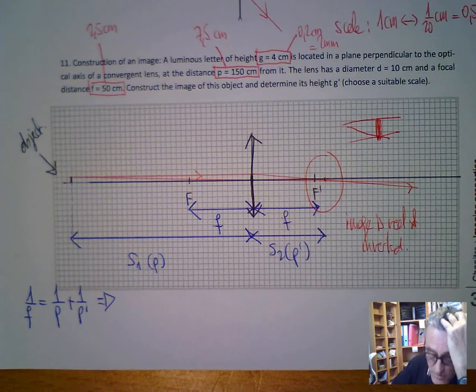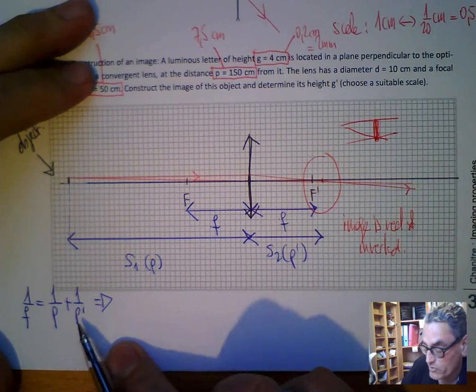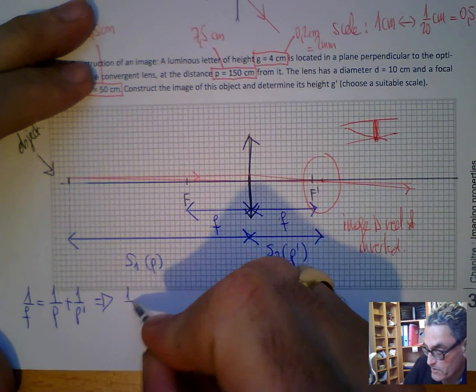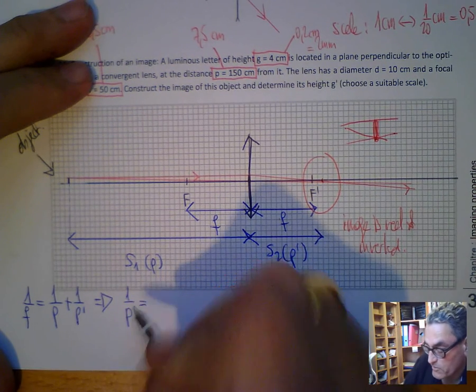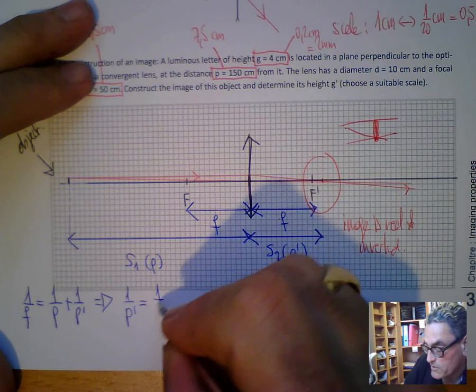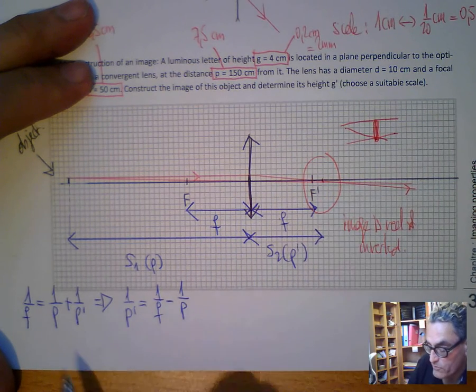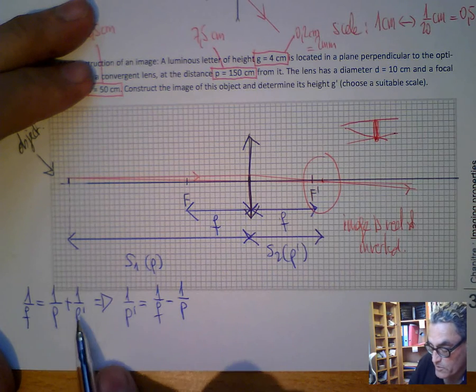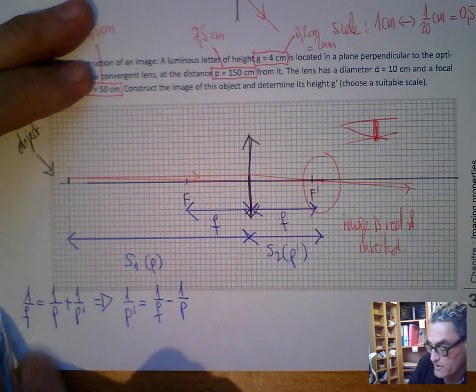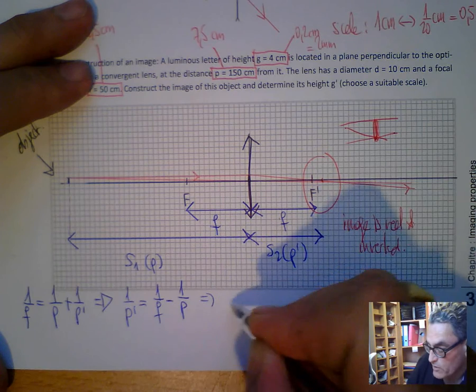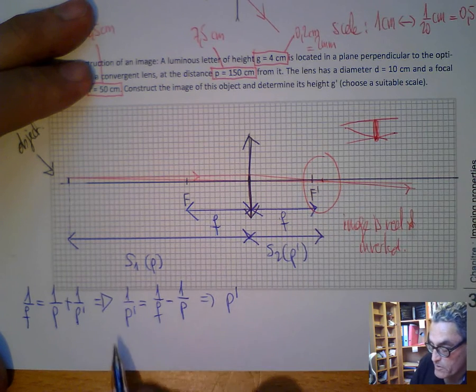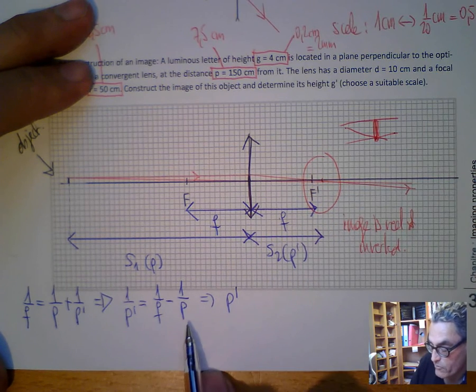Yes. Okay, so now if you want to extract p prime from here, you can start by writing that 1 over p prime is 1 over f minus 1 over p, because you put the 1 over p on the other side. And then if you want an expression of p prime, you do 1 over on both sides.